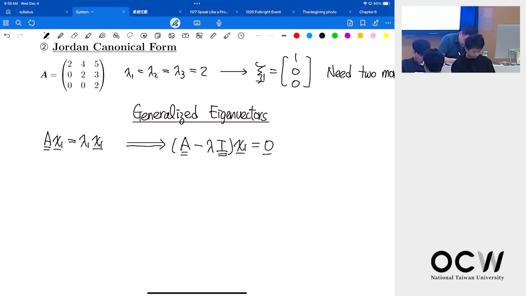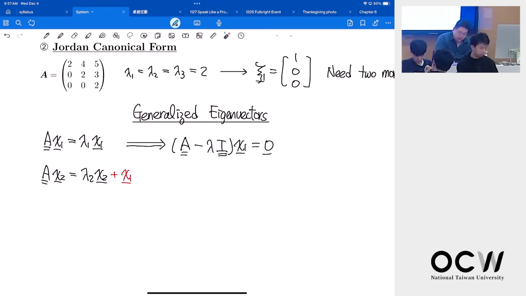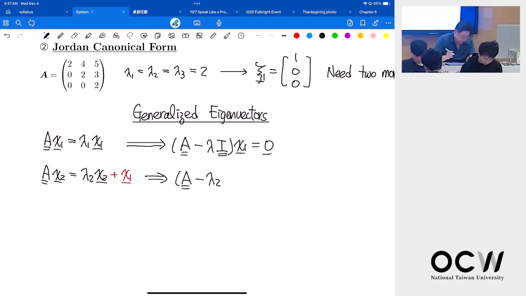We say A x2 equals lambda 2 x2 plus x1. Then from this I can get A minus lambda 2, here lambda 1, times x2 equals x1.